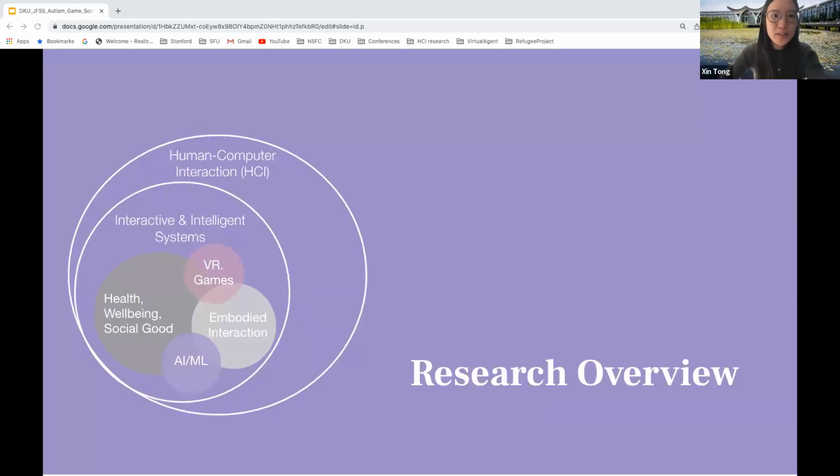So my work falls under an interdisciplinary research field, HCI, with a computation background. My primary research interest is to design and develop interactive and intelligent systems for health, well-being, and social good purposes. Technologies include virtual reality, games, machine learning, and AI.